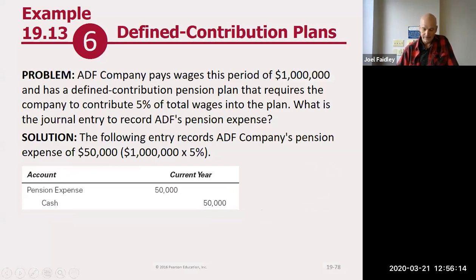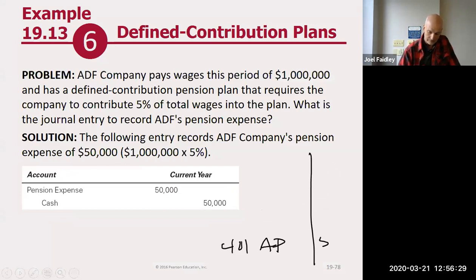Now, the amount that's coming out of my paycheck, remember the payroll exercises that we did on the exam? Wage expense, and you had a credit here for 401k payable for $5,000 or whatever it is, right?